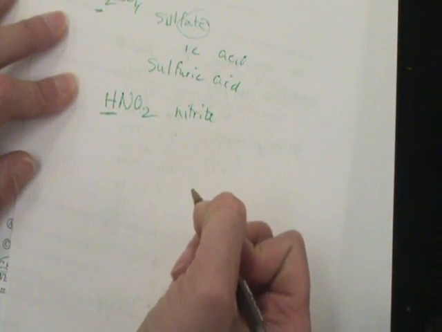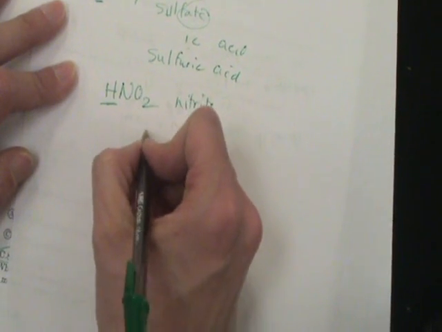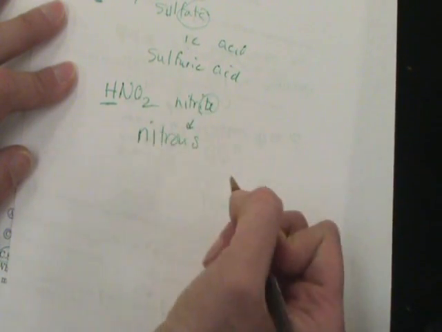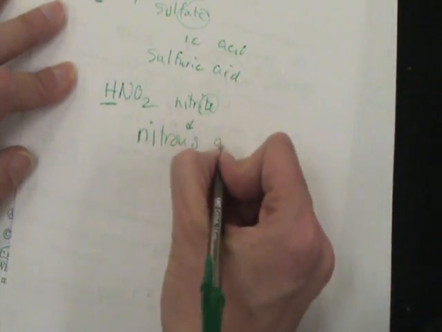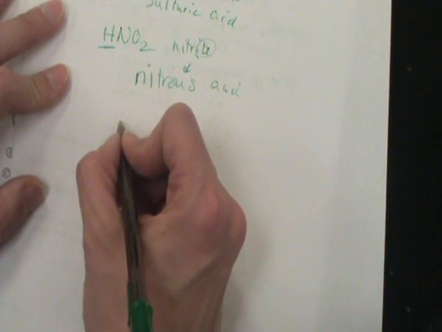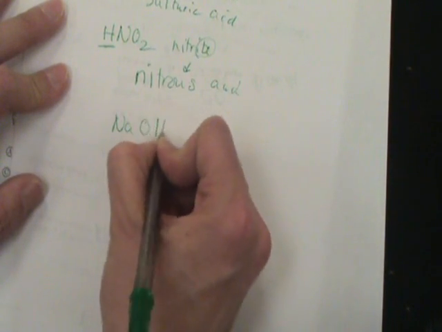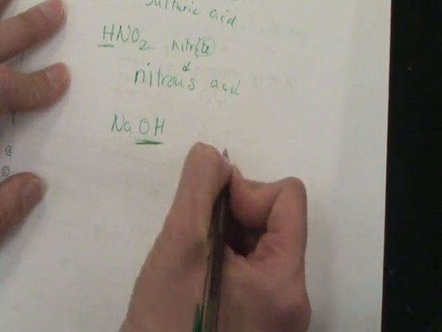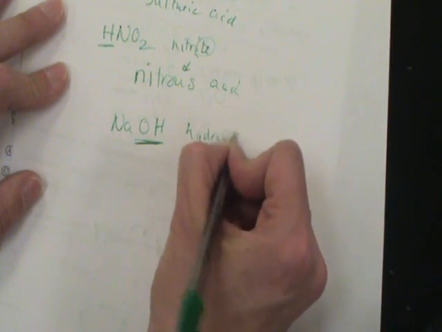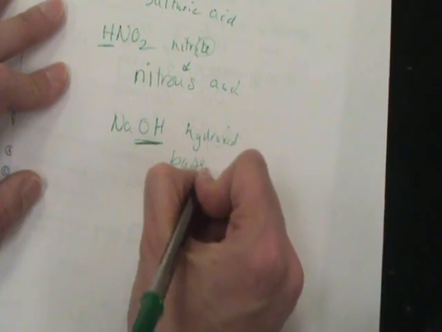Starts with an H, so it's an acid, so this is going to be nitrous, the ite goes to ous, nitrous acid. Okay? And for your purposes right now, which we'll change in a little bit, if you see something like this, and it ends in an OH, this is hydroxide, and this is a base.